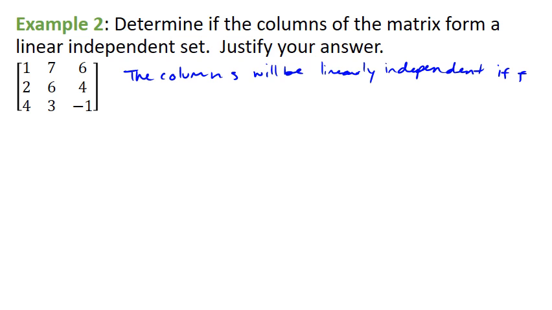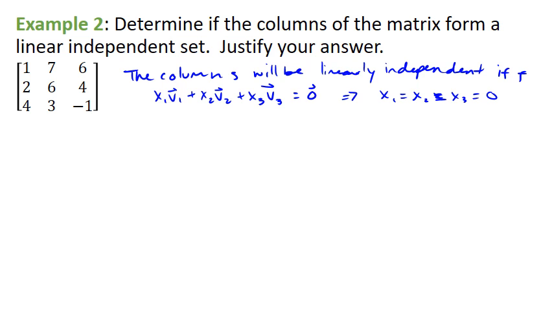if and only if this equation, x1 times vector 1 plus x2 times vector 2 plus x3 times vector 3, because there are three columns, if this is equal to the 0 vector, this implies that x1, x2, and x3 all equal 0.